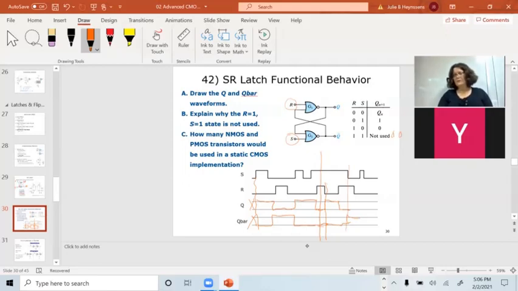SR flip-flops, SR latches do recover from this, but you may have a trickle-down effect, and I've seen this happen in simulations before, where Q and Q bar both go true at the same time, and then suddenly you have this one little thing that gets an X in it, and as you simulate it for longer, your whole screen turns into X's. Don't do that. Okay. Then you've got to fix it.